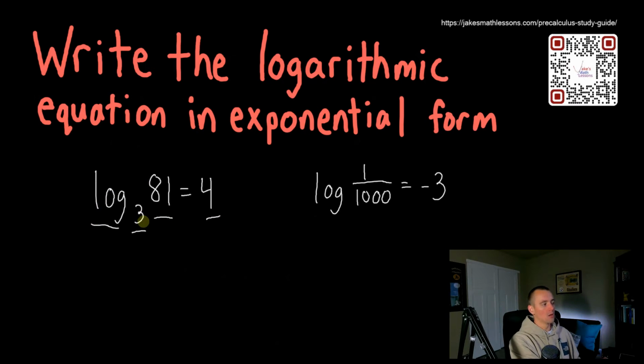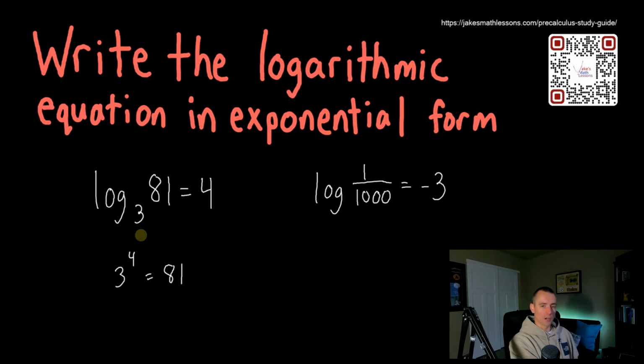So log base something of something is how you would read that. And what this tells you in exponential form is that if you take 3 to the 4th power, that equals 81. This directly tells you, just by the definition of what a log is, that 3 to the 4th power equals 81. Okay, so that is basically the gist of it.